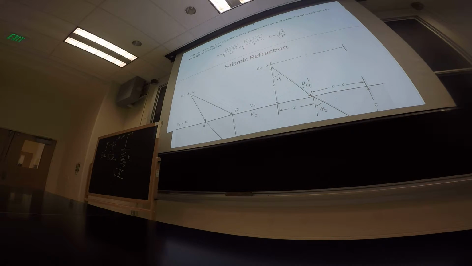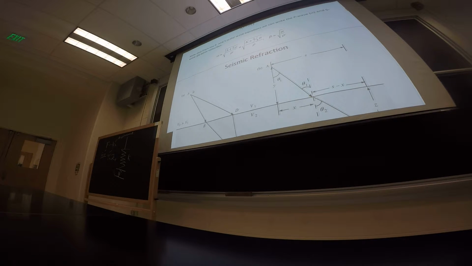So let's look at some end members. What happens in a fluid? What's true about a fluid? By the way, mu is G in those previous equations. That's the shear modulus. So in a fluid, what do we have?